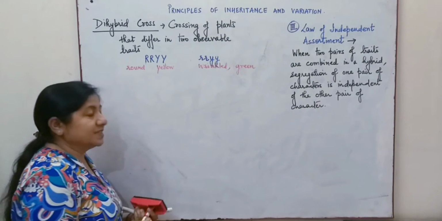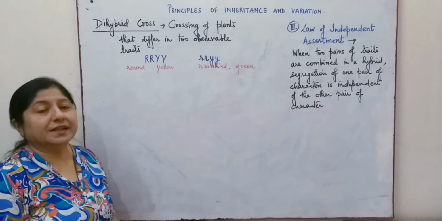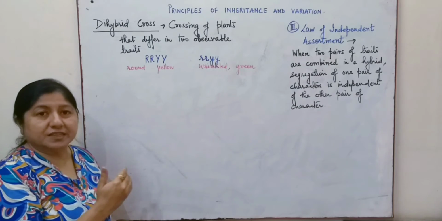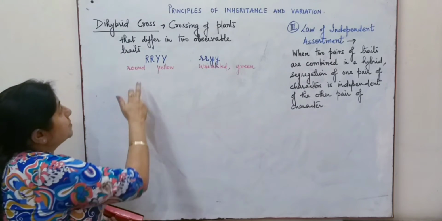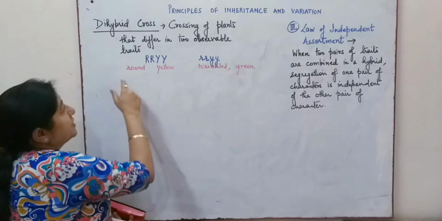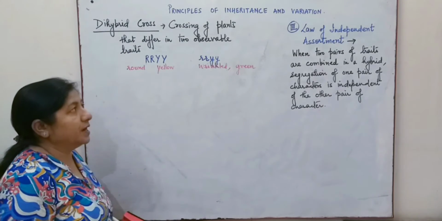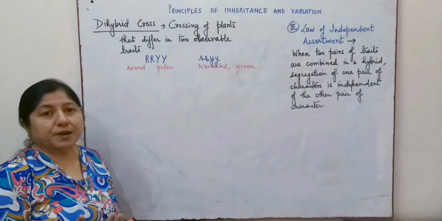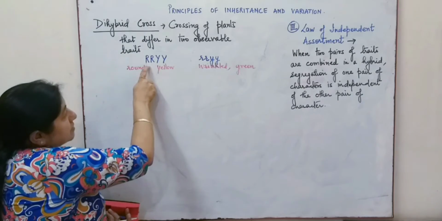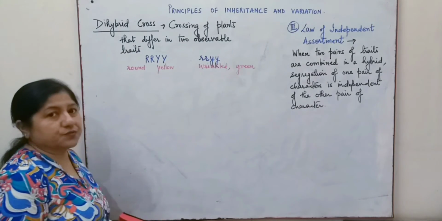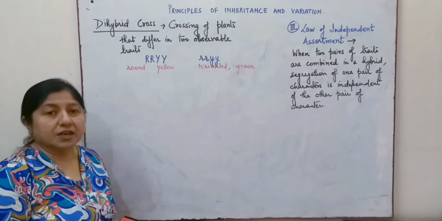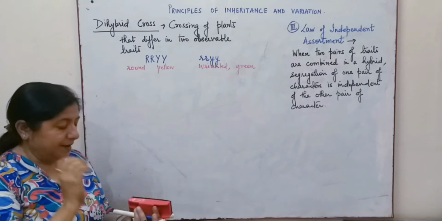Now, just as in the monohybrid cross, Mendel developed a purebred. Similarly, he developed the purebred variety of round and yellow plant and wrinkled and green plant, ensuring that it is homozygous for round and homozygous for wrinkled, homozygous for yellow and homozygous for green, ensuring the purebred line.